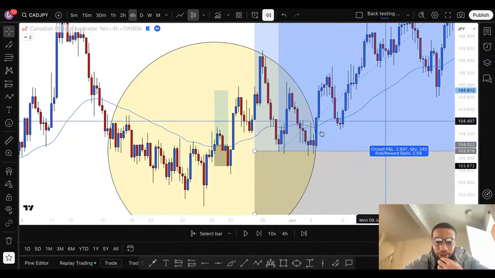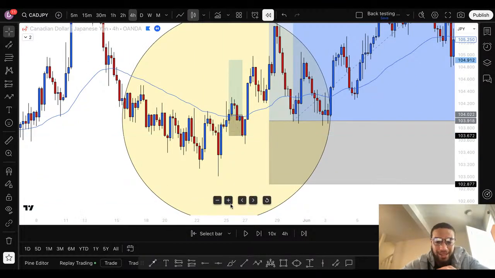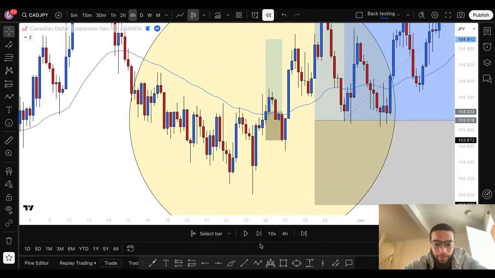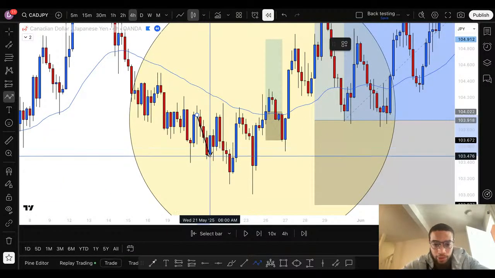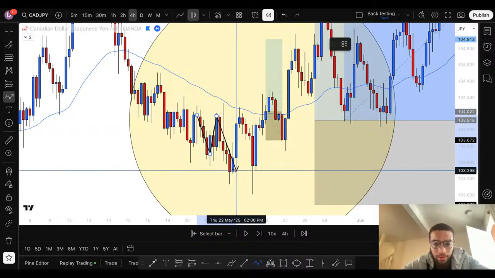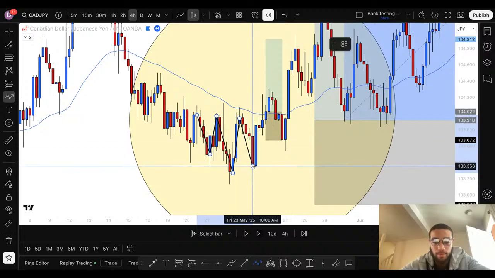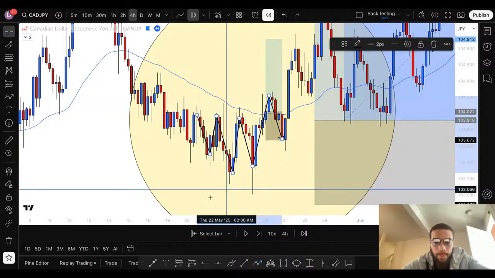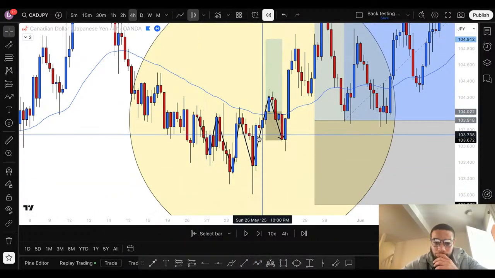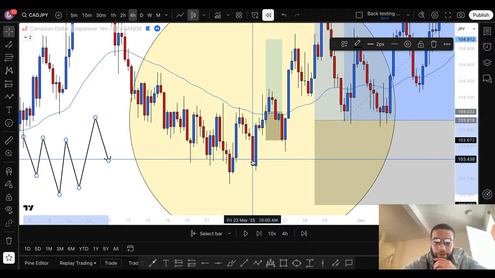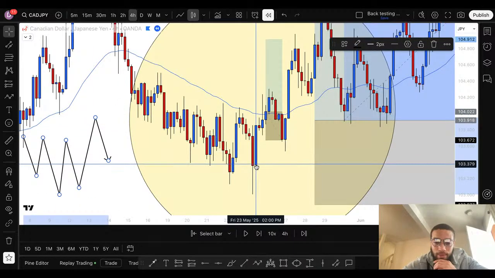Now, when we look at structure, this is why you need to pay attention to detail in trading. I'm going to zoom in on this. We're going to follow structure. Lower low. Okay. This is where I really want you to pay attention. Because you could ask the question, did price shift structure here for me to buy at this higher low?